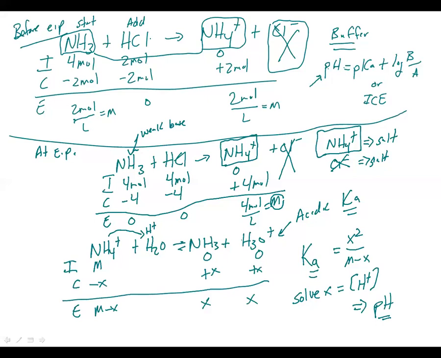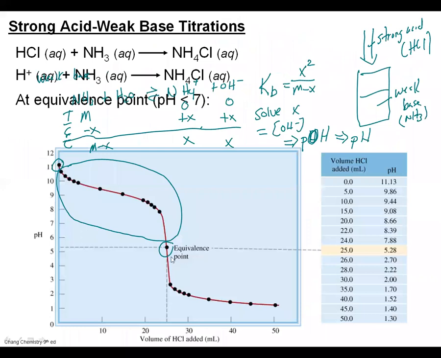So just to finish up talking about this type of titration, let's look at the last part of it, which is also very similar. So at the last part, after the equivalence point and on, let's take a look at what's happening there again.